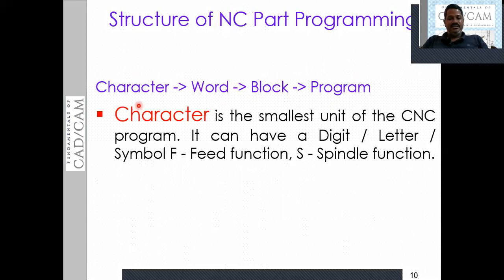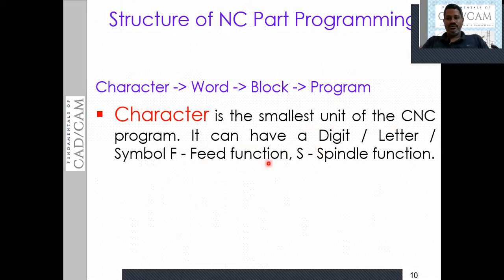Now let us see what exactly a character is. It is the smallest unit of a CNC program. It comes at the bottom line of each program. It can be a digit or a letter.